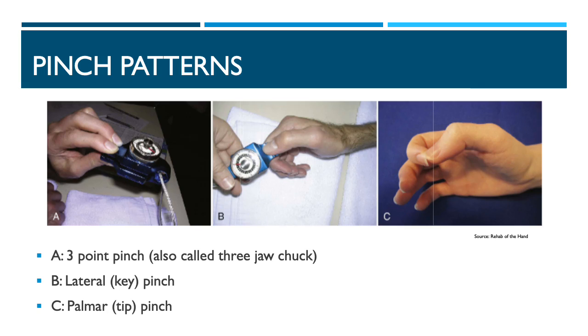So if you imagine yourself twisting a key in a doorknob, and then the palmar or tip pinch is just the pulp or the pad of your index and thumb together. These are just some of the basic ones. There's like 10,000 other positions. Like when you think about how do you hold your pen, it's none of these. But these are important things to look at and assess as well, to see what muscles are working, what's not, and what do you need to work on.